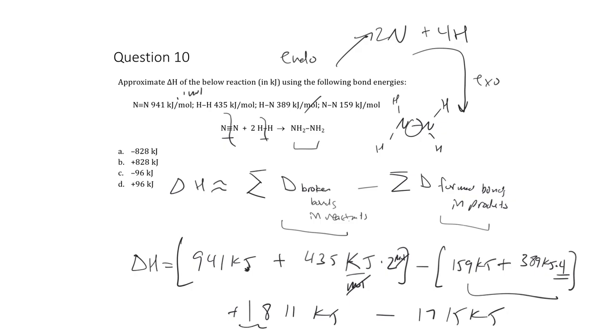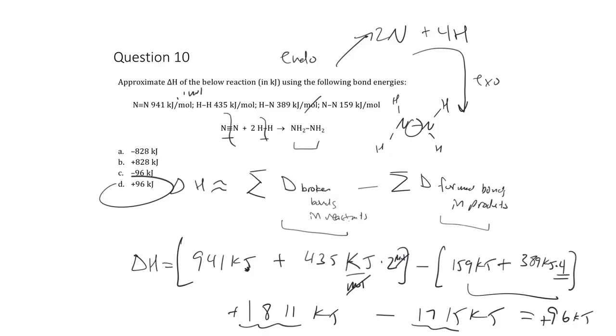So you can see I'm breaking stronger bonds and forming weaker bonds. And so my delta H is approximated to be 1811 minus 1715. That's positive 96 kJs. So we predict this reaction to be endothermic because we're making weaker bonds and breaking stronger bonds relative to each other.